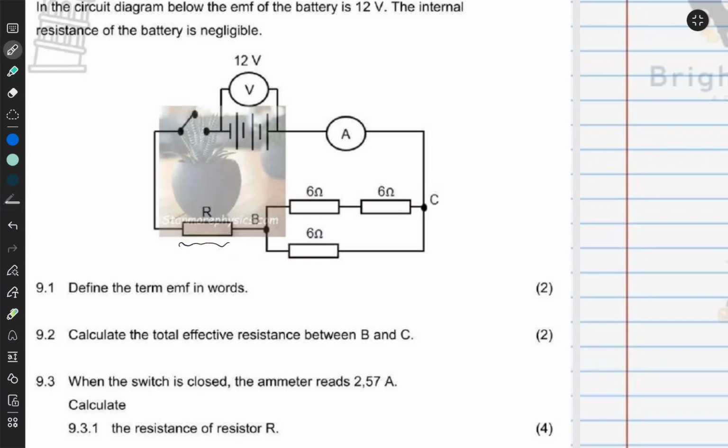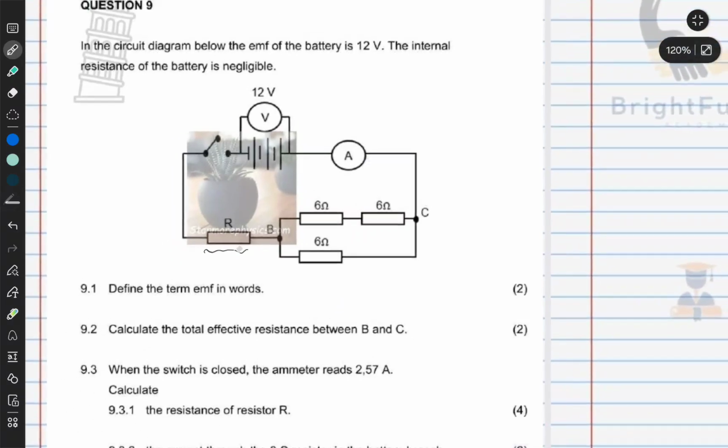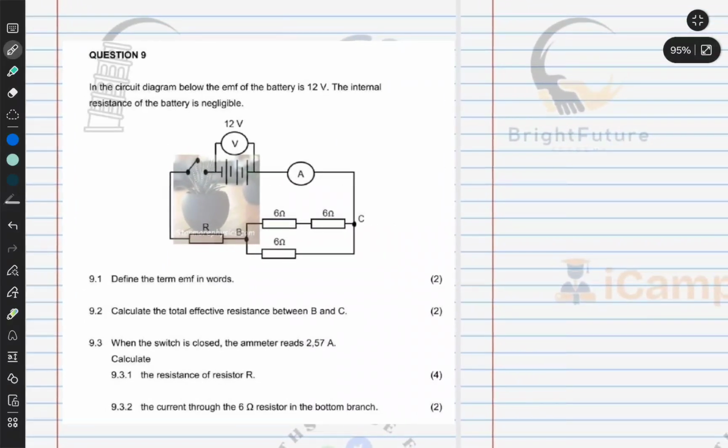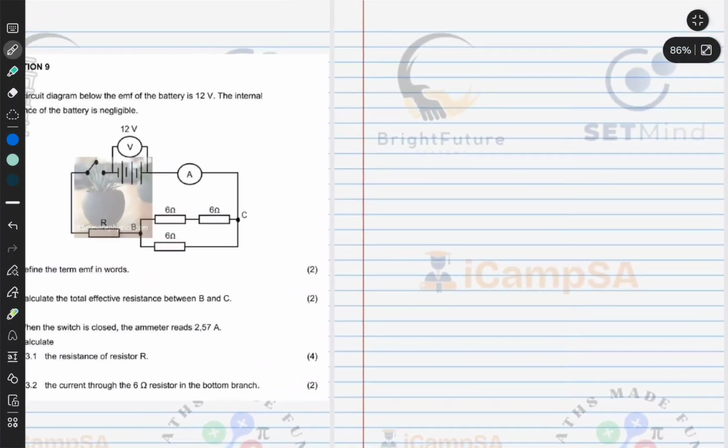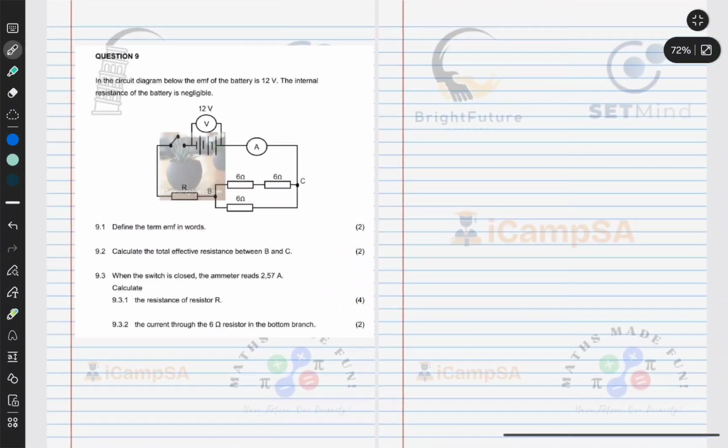So there's two 6 ohm resistors in series, but they are both connected in parallel to the other 6 ohm resistor. And then we don't know the resistance R, okay? So that's what we don't know for now. All right, so we can start with the question.